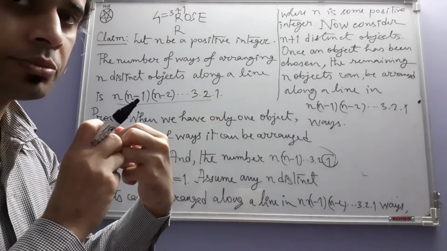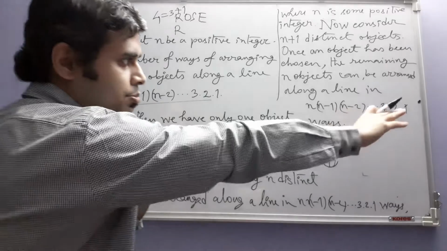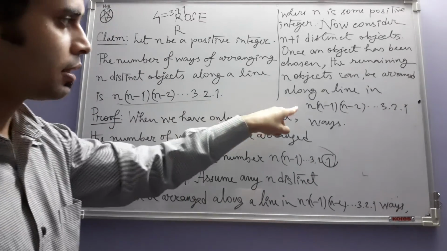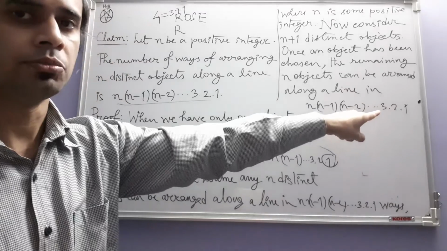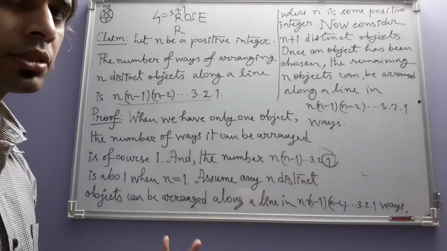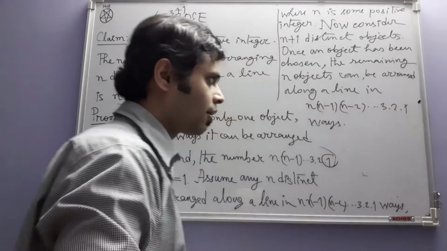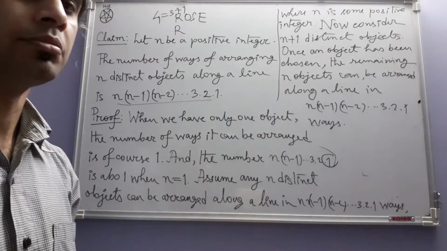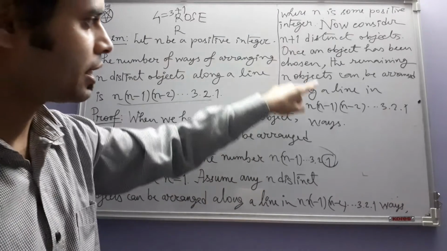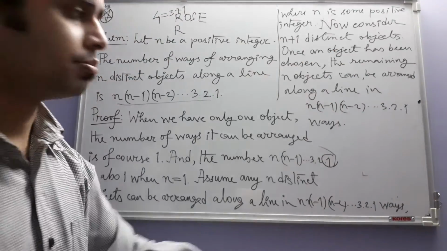Once that choice has been made, the remaining n objects can be arranged in this many ways. So for each of the first such choice, I have this many possible arrangements. So for n plus 1 of them, how many arrangements shall I have? You just add this number how many times? n plus 1 times. 6 plus 6 plus 6 plus 6, 4 times. Just like that, this plus this plus this plus this, n plus 1 times.